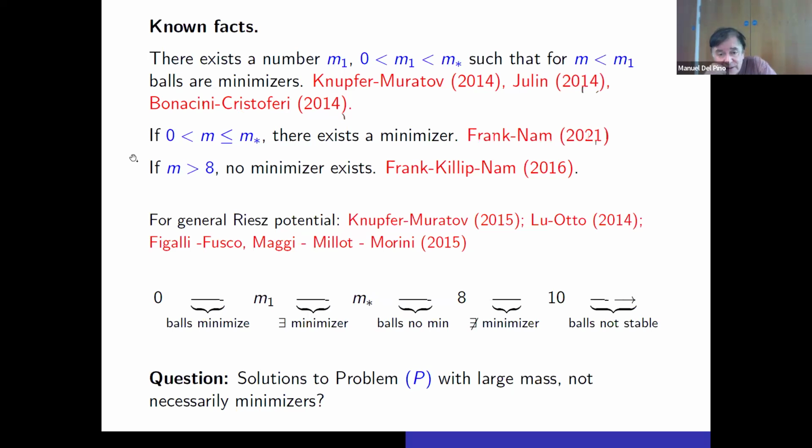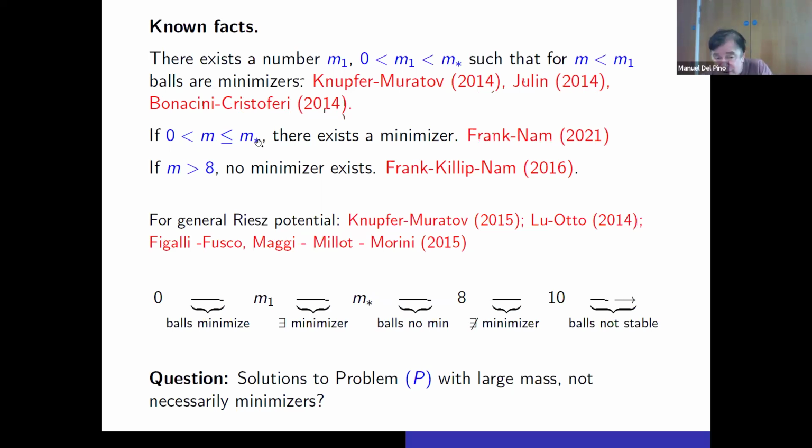Now, something that was proven by Rupert Frank and his collaborator Nam in 2021, so many years later. They established that when m is less than or equal to m star, there exists a minimizer. So minimizers exist.